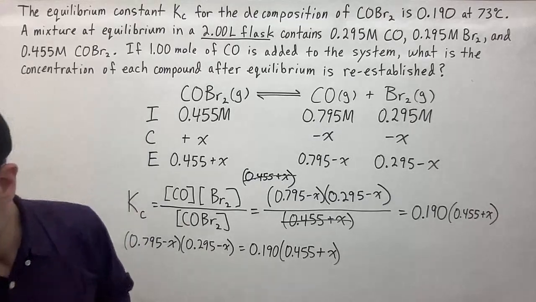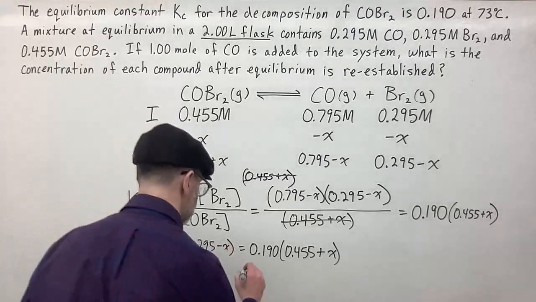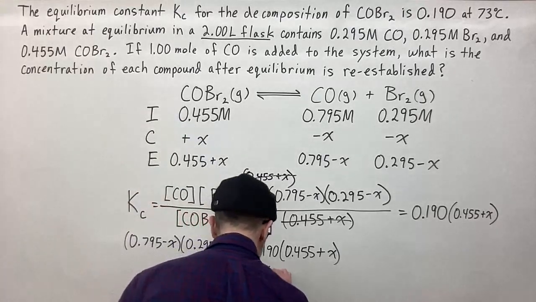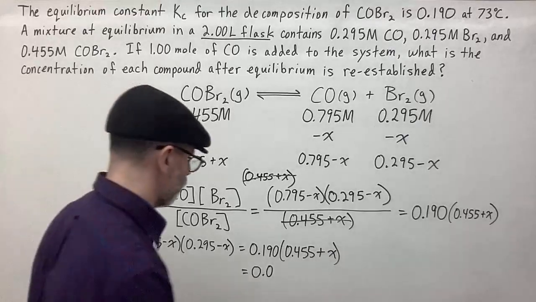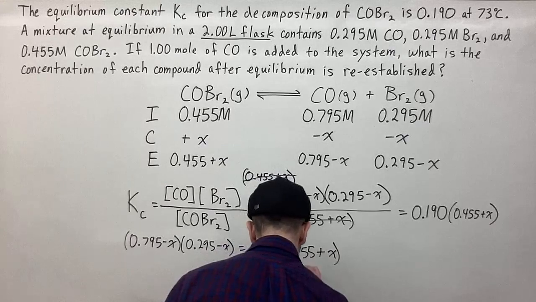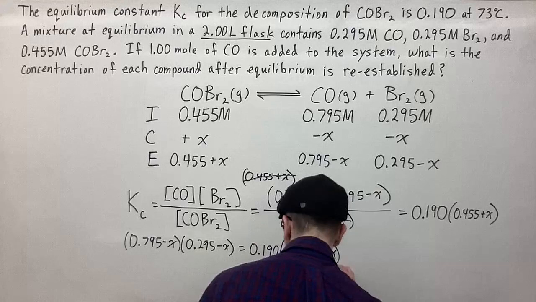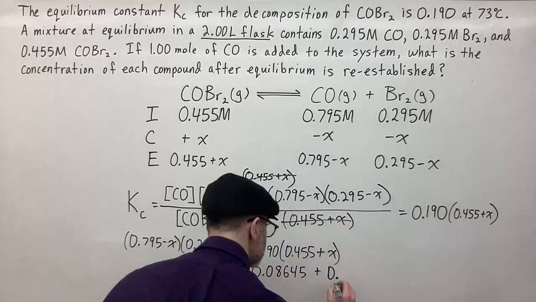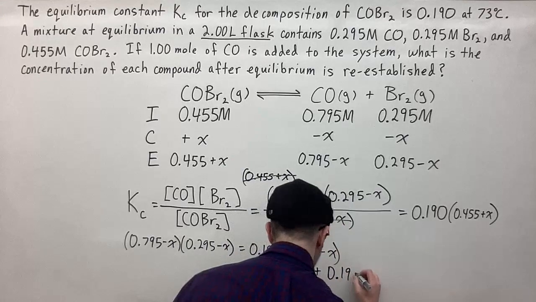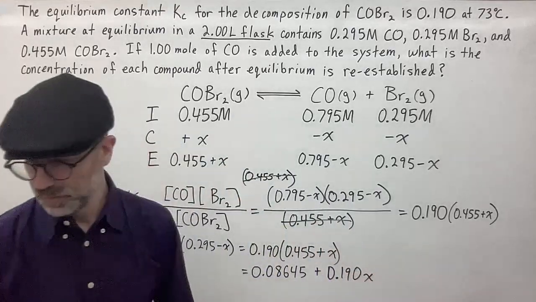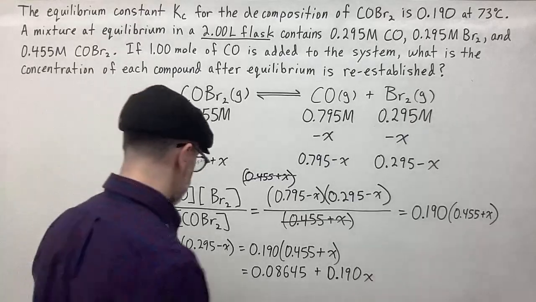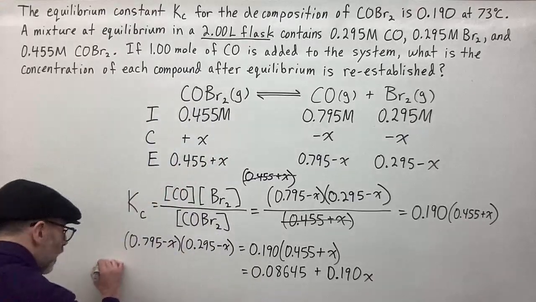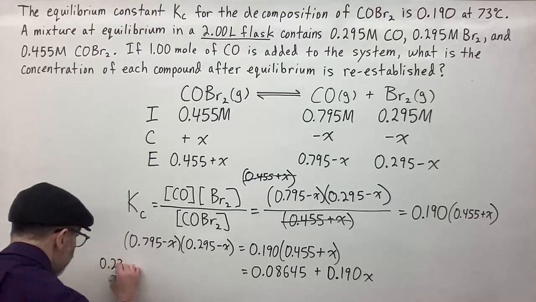Okay, so then when I do that, I get 0.08645 plus 0.190x. And then on this side, I'm going to get 0.234525.